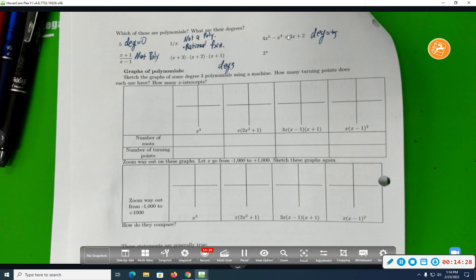2 to the x. Is that a polynomial? Anyone for yes? Anyone for no? So that is not a polynomial. It's a different flavor of function, something that's called an exponential.